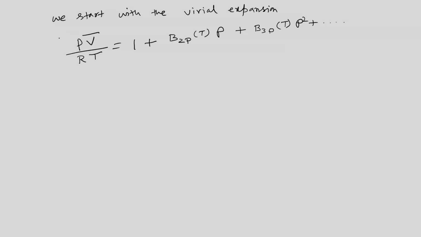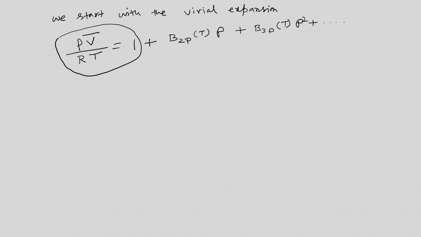And we get the ideal gas equation from the virial gas equation when B2, B3, those terms are very, very small or negligible. So we could arrive at the ideal gas equation in those conditions.